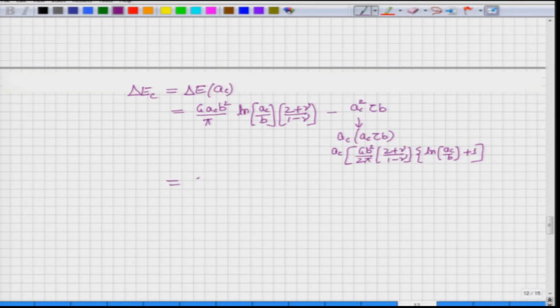We can take out some of the common terms, G A C B square, and this we will multiply by 2 on the numerator and denominator. So, that we have 2 pi as the common, and this 2 plus nu is still the common factor by 1 minus nu, and therefore, this is 2 ln A C that we have here.